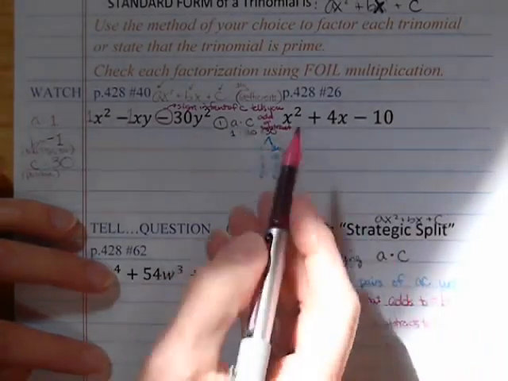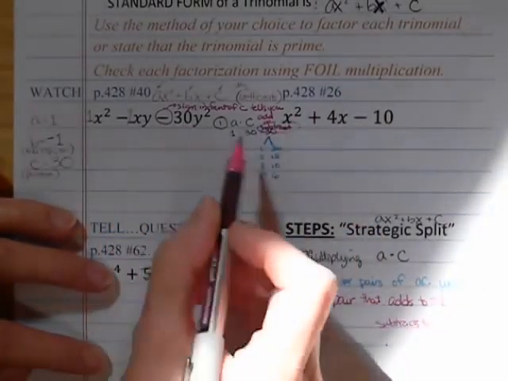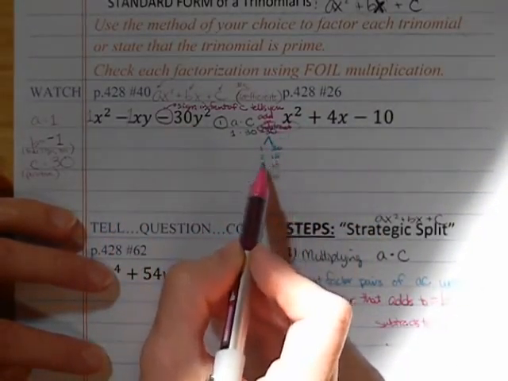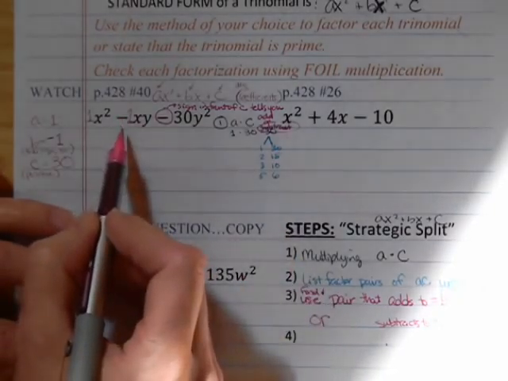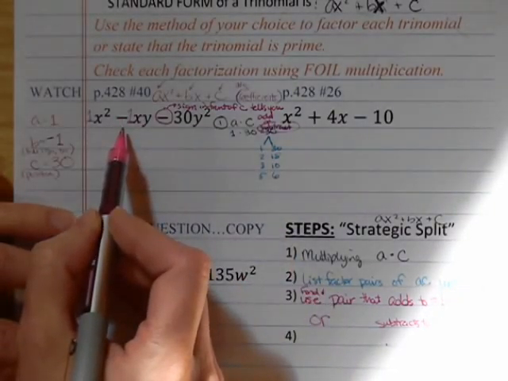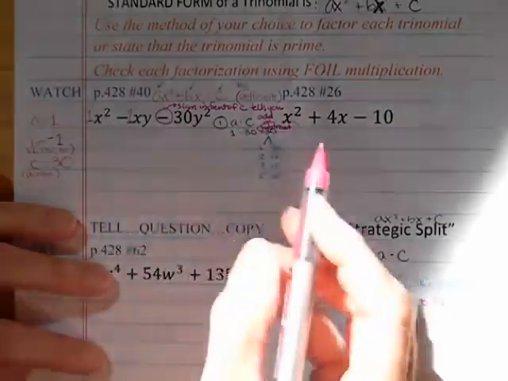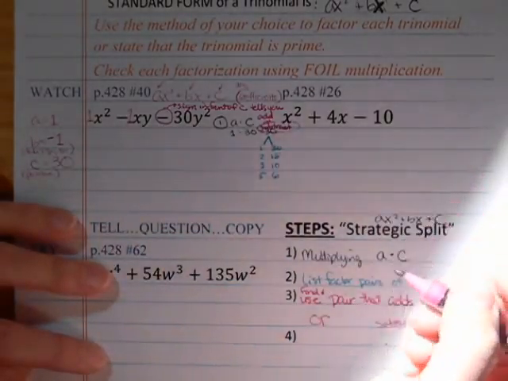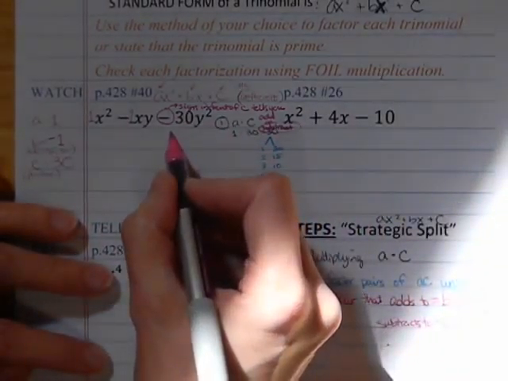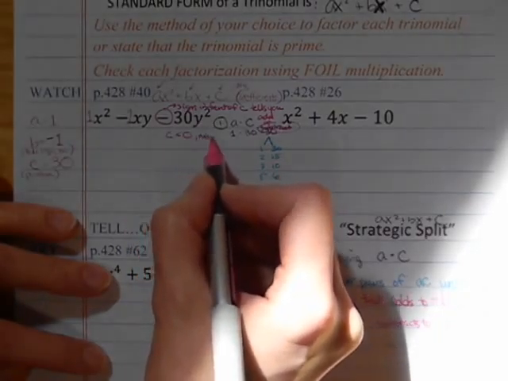In this case we have a negative 30, so we're going to find the pair that, when you subtract them, gives our B value. Our B value is negative 1.